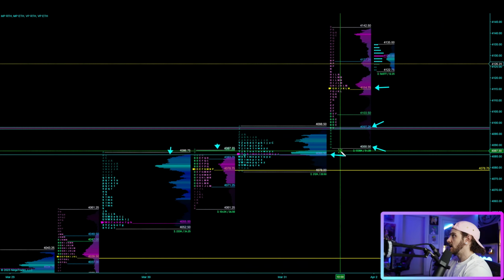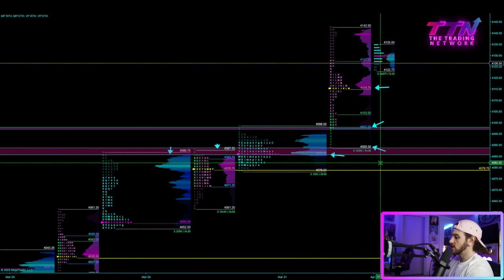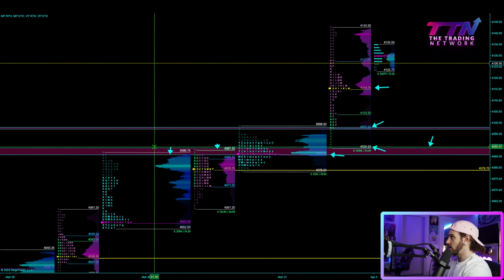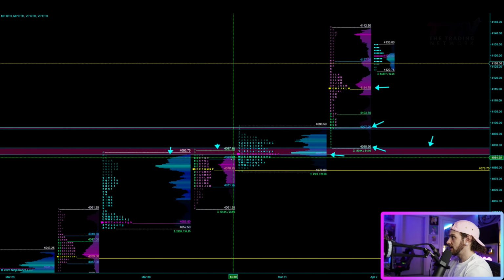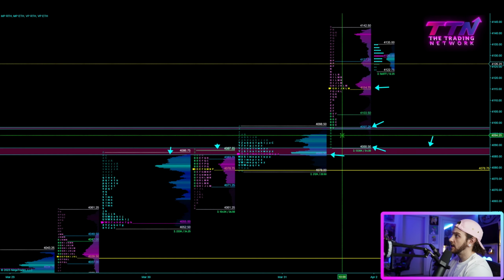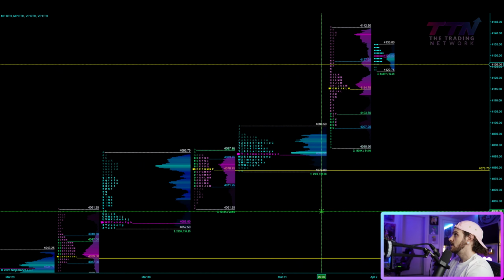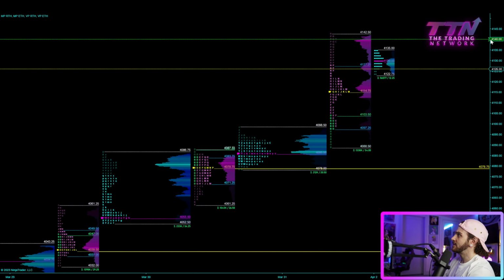So that is a major area right here. So if we do see downside pressure, we've got this area where we've got 4 stacked market profile levels lining up. And then right below that, we've got a naked POC that's also lining up with the overnight low from Thursday into Friday. So a lot of confluence for downside, but one level at a time as we have to take it.